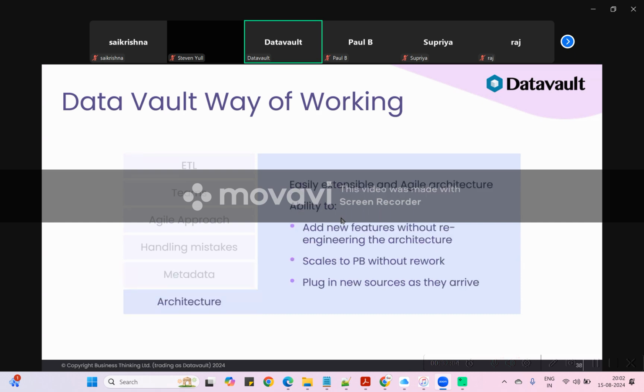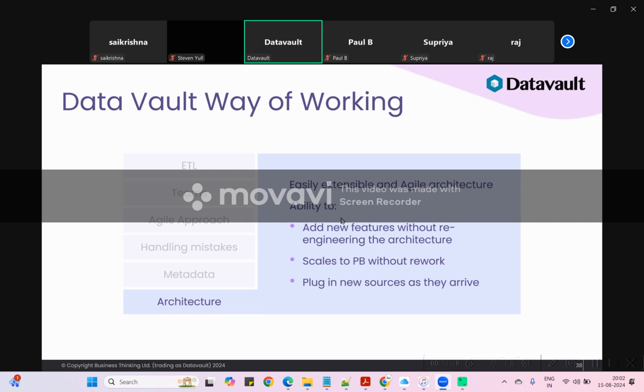And finally, the architecture. Well, Data Vault has an easily extensible architecture. Now, this means that if I build a really tiny warehouse and I want to grow it and I want to go up to sort of petabyte scale, I can do that without having to stop and re-engineer the architecture.